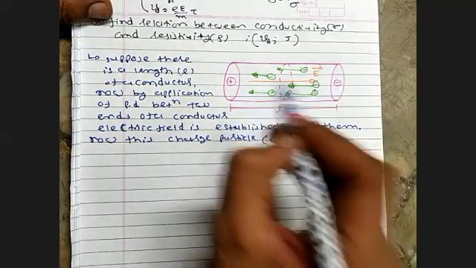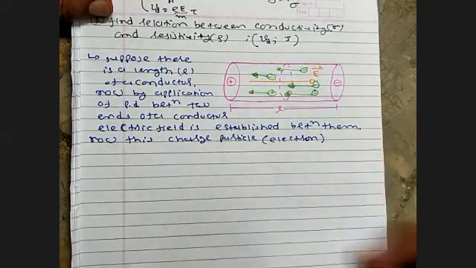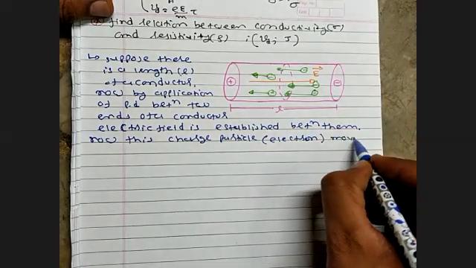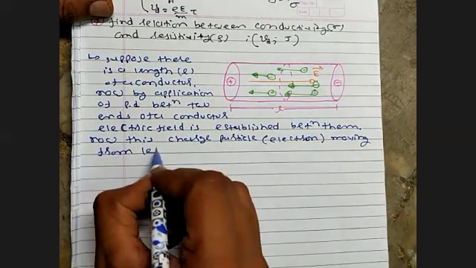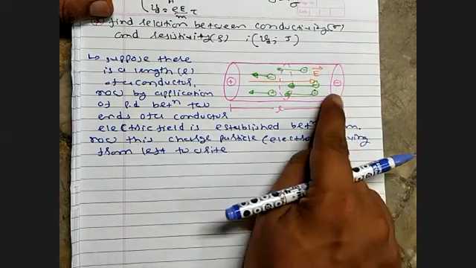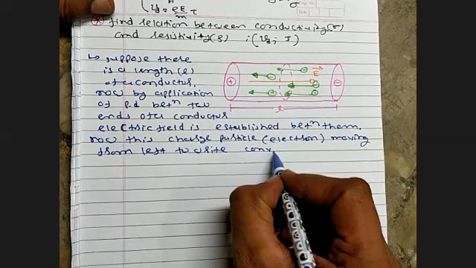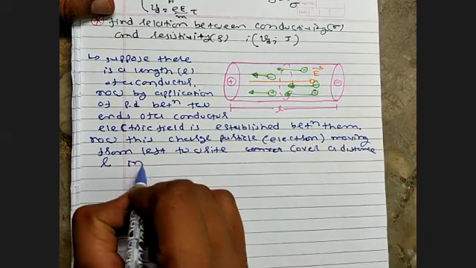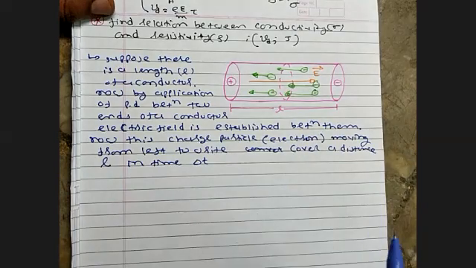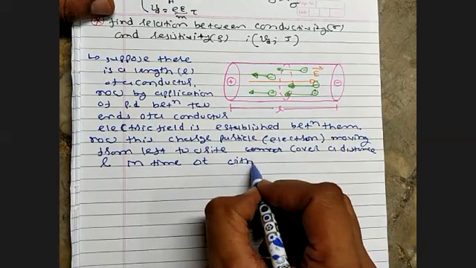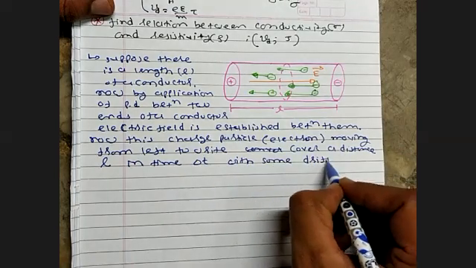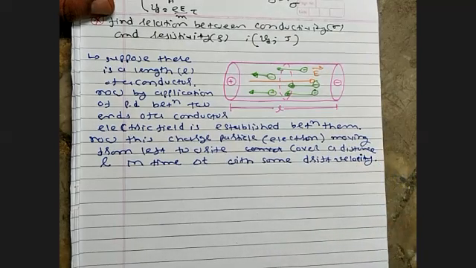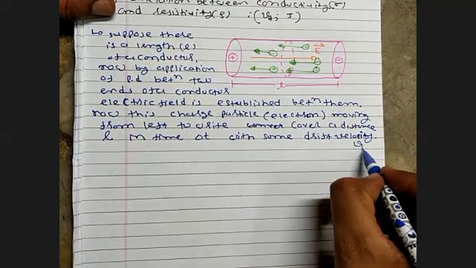This electron moves from left to right, covering a distance L in time delta t with some drift velocity, and that drift velocity is named Vd.